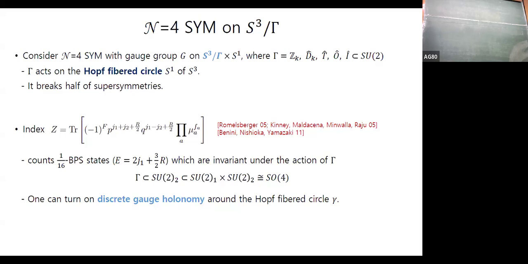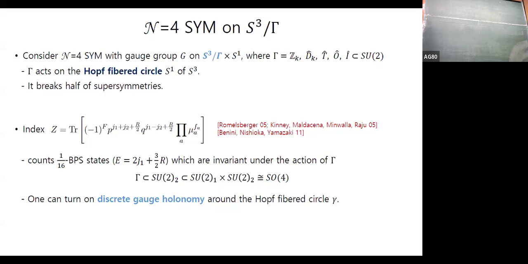We have SO(4) rotation symmetry on S3, which is nothing but SU(2) times SU(2), and gamma is nothing but a finite subgroup of one SU(2). And this index will count BPS states which are invariant under the action of gamma. But one interesting thing here is that one can also turn on a discrete gauge holonomy around the Hopf fiber circle, gamma.